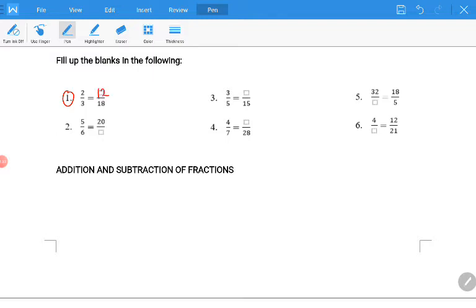And if we want to prove it, we can prove that 12 over 18, if we divide by 6 over 6, reduces to 2 over 3. So this exercise is a bit easier.